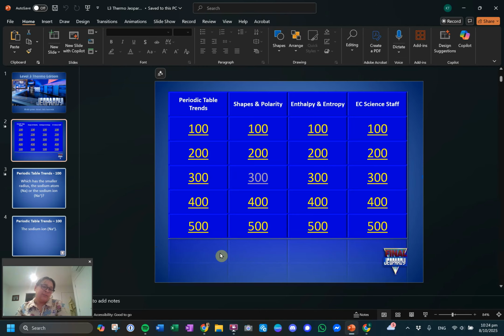The point values are really important because the lower level points are easier questions and the higher level points are harder questions. The other thing I like to include whenever I create one of my Jeopardies is some fun categories. For example, here I put EC Science Staff, and that's just random trivia questions about the department members.